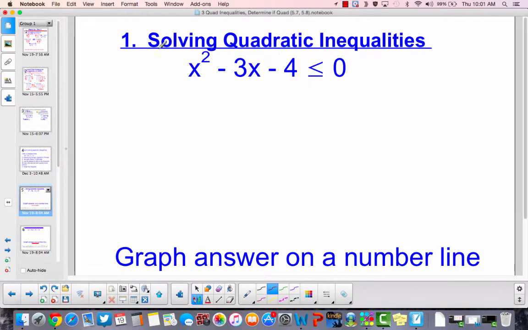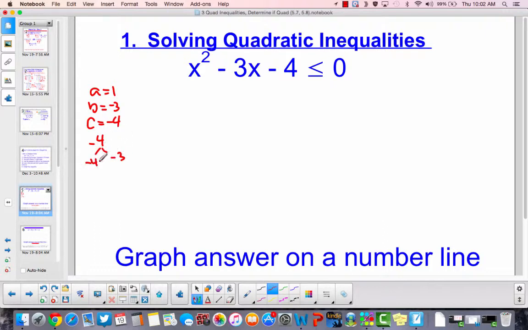It is already set equal to 0. There's nothing on this side that we need to bring over, and we're going to think about setting it equal to 0, and then we're going to use those as our endpoints. So we're going to factor it. So remember, a equals 1, b equals negative 3, c equals negative 4. So we need to ask ourselves, what multiplies to give me negative 4 and adds to give me negative 3?